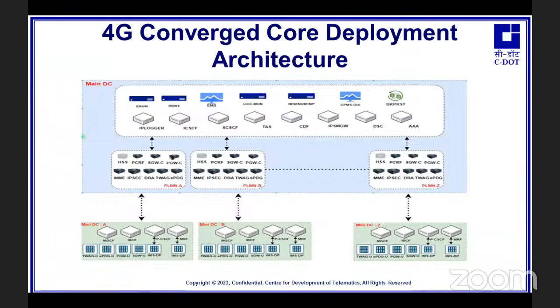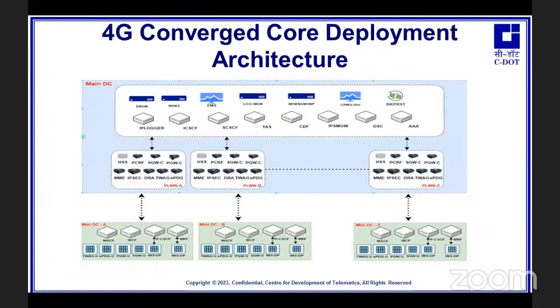So this is the overall 4G converged core deployment architecture. In the upper half, you can see a blue colored box, which is the main DC, and the green colored multiple mini DCs.